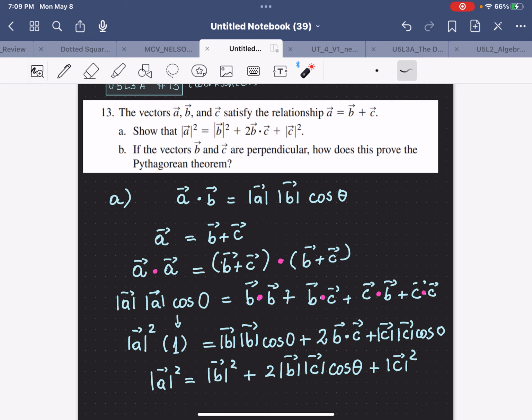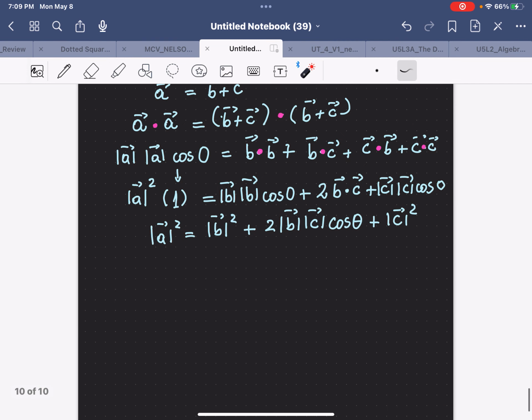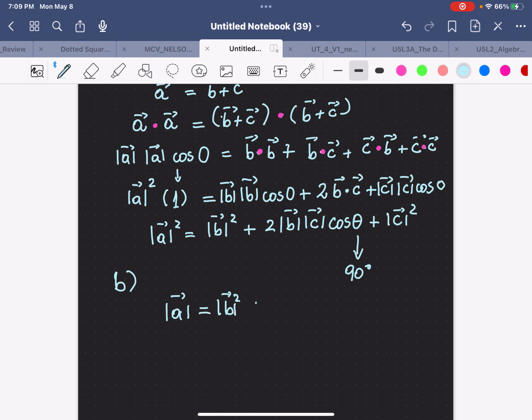For question B, we have: if vectors B and C are perpendicular, how does this prove the Pythagorean theorem? That's fairly easy to figure out because all we have to do is make angle theta 90 degrees. So if angle theta is 90 degrees, then A squared would be equal to B squared plus 2 times the magnitude of B times the magnitude of C cosine of 90, which is equal to 0, and then plus the magnitude of C squared.